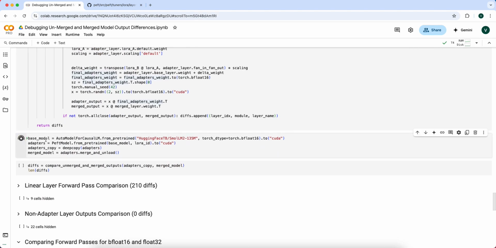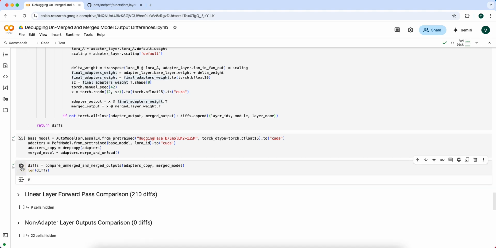So let's do a refresh of our models. And the length of differences is 0. So, okay, it's not the matrix multiplication between the input and the weight matrix.